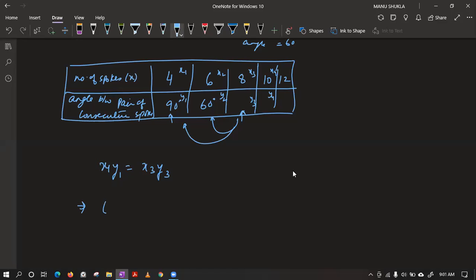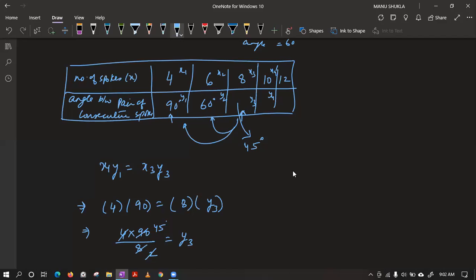Put the value. So x1 is 4, y1 is 90, is equal to x3 is 8 and y3 is unknown. So let's find the value. 4 into 90 upon 8 is equal to y3. 4 2s are 8 and 2 45s are 90. So we have got the value as 45 degree in the case of 8 spokes.